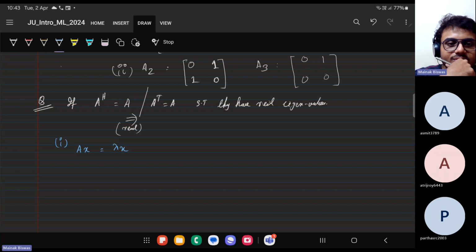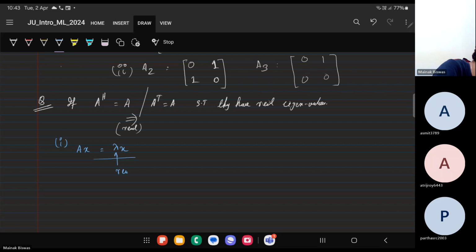See this equation. This is the eigenvalue equation that I wrote for A. Do you agree? This is what I have to show is real, right?